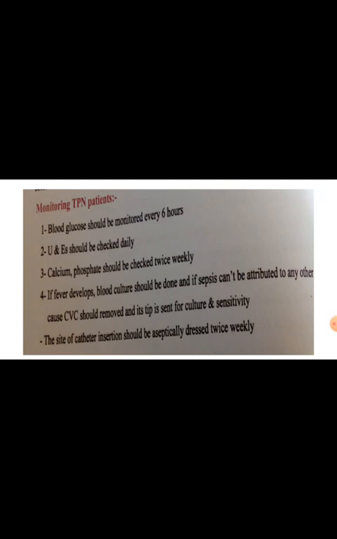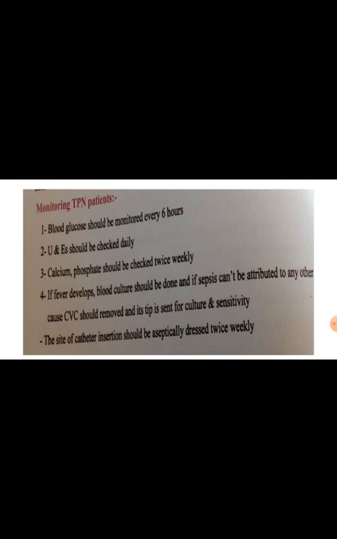How do we monitor a patient on TPN? To avoid hyperglycemia, the blood glucose level is monitored every 6 hours. Urea and creatinine should be checked, because a high level of proteins may affect kidney function. Calcium, phosphate, trace elements, sodium, and potassium levels are checked. If fever develops in a patient on TPN, we must check the central line.